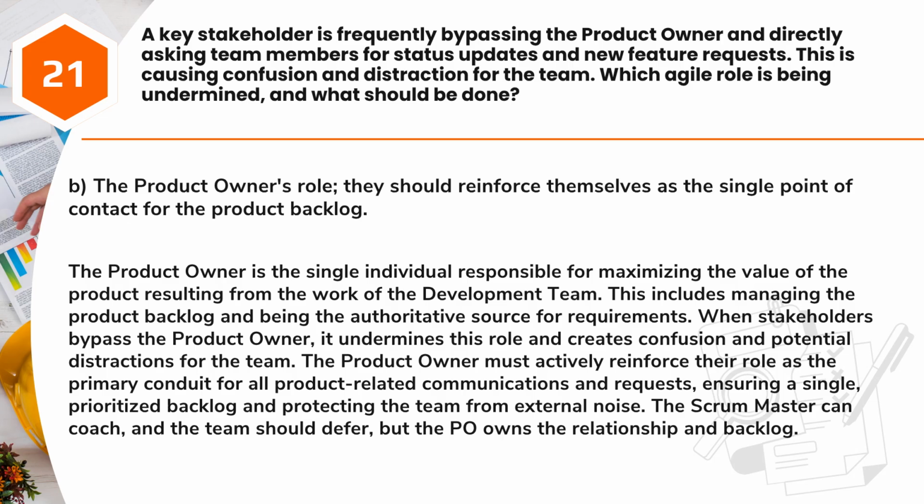When stakeholders bypass the product owner, it undermines this role and creates confusion and potential distractions for the team. The product owner must actively reinforce their role as the primary conduit for all product-related communications and requests, ensuring a single, prioritized backlog and protecting the team from external noise. The Scrum Master can coach, and the team should defer, but the PO owns the relationship and backlog.